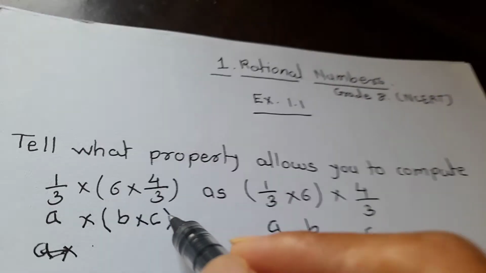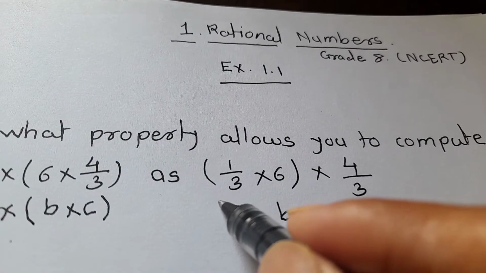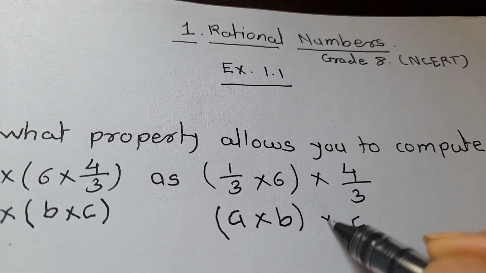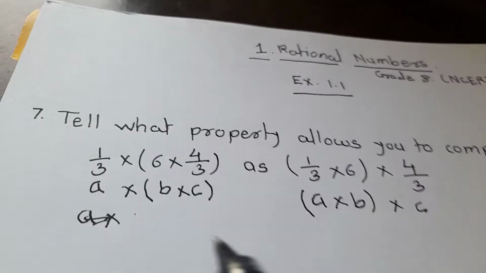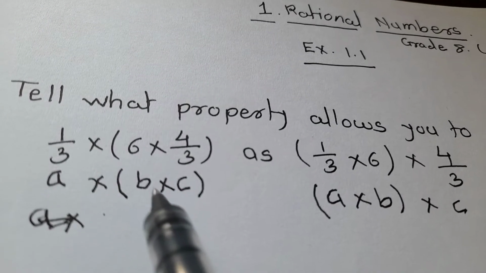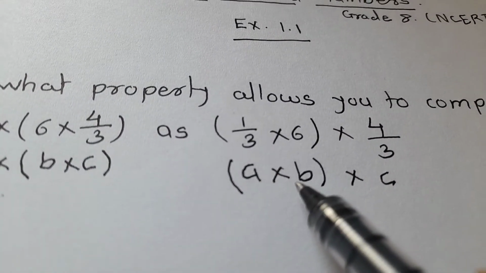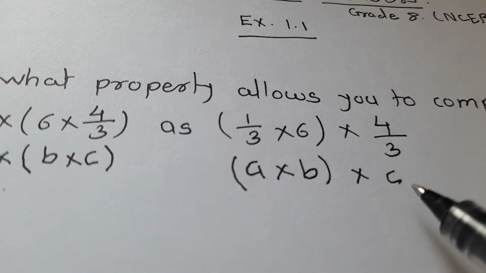Here we multiply B and C first and then A, and in this equation we multiply A and B first and then C. So we have learned that this property is called associativity.